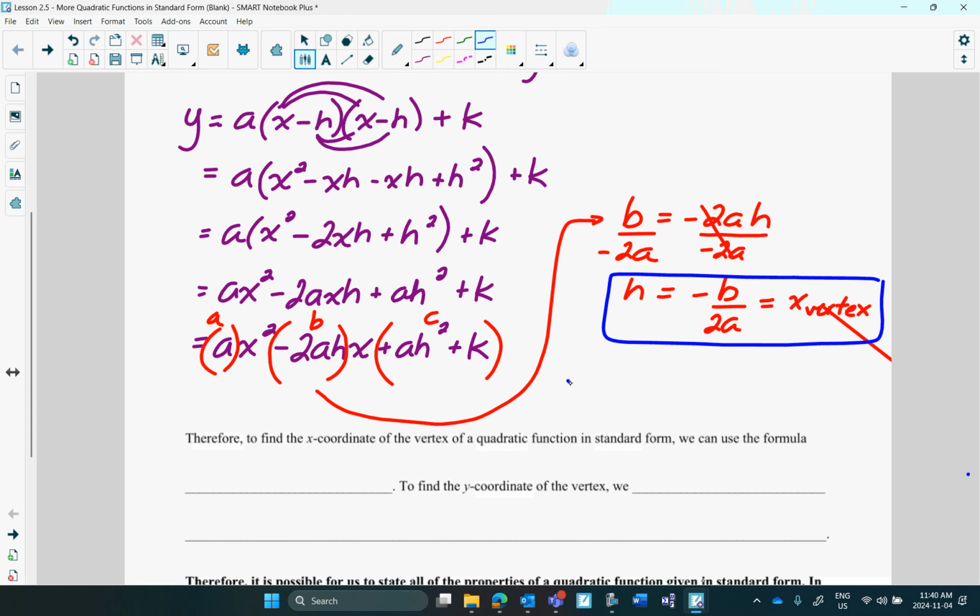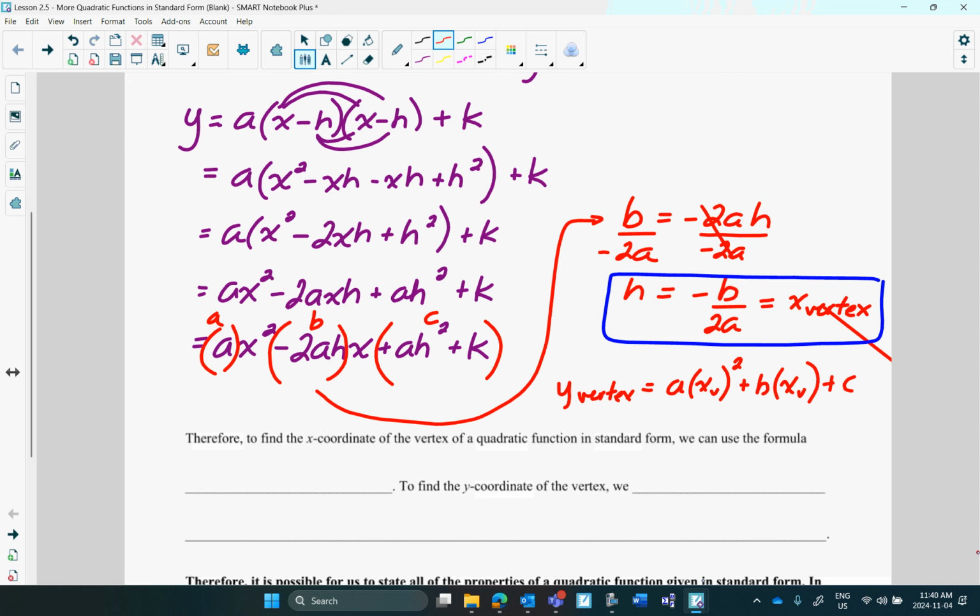So the y vertex is when you take the x vertex, plug it back in and calculate it.